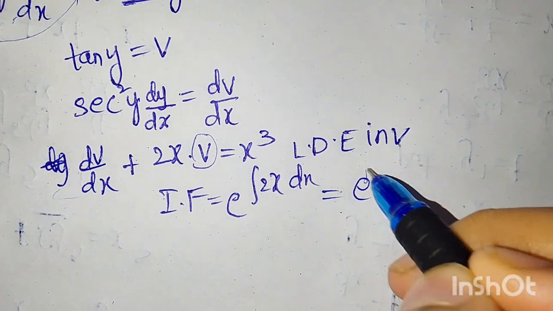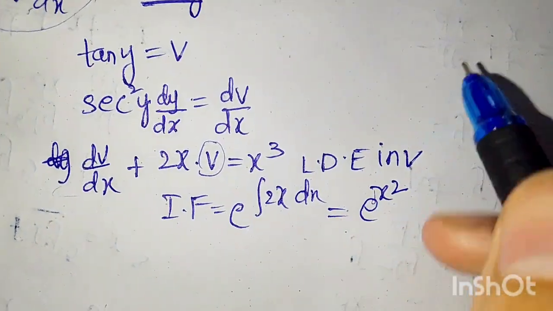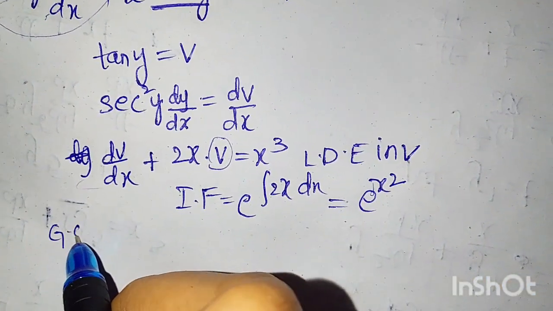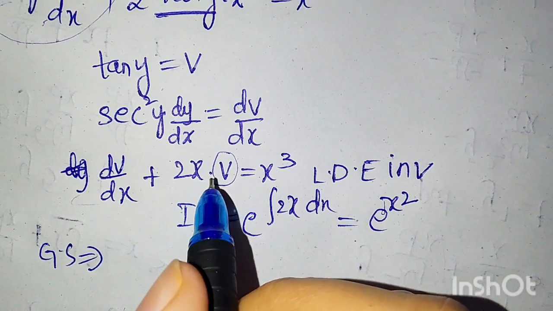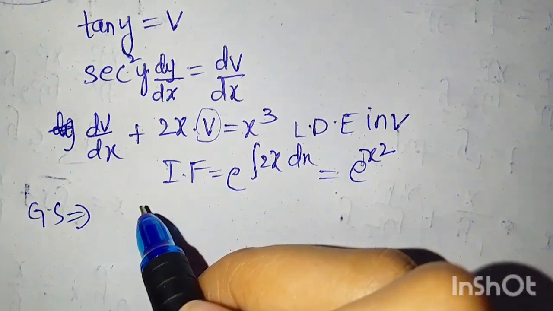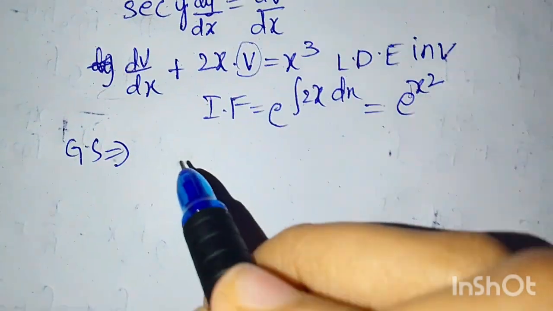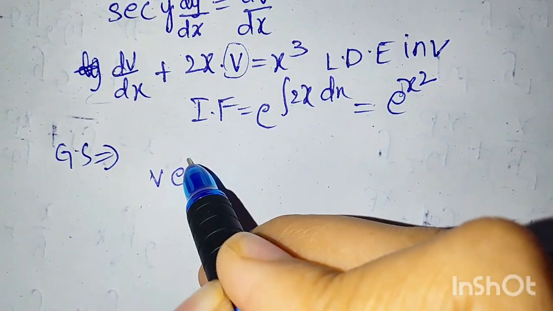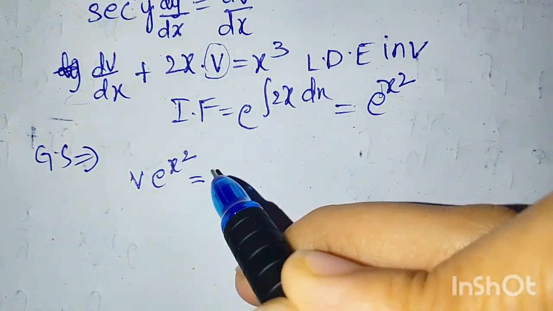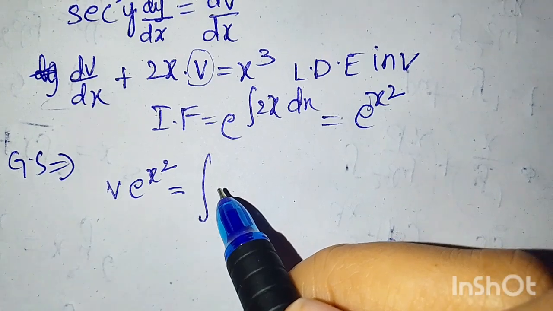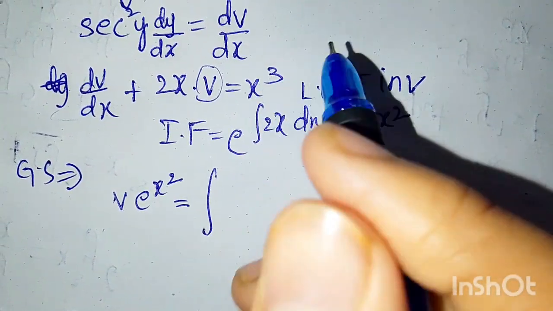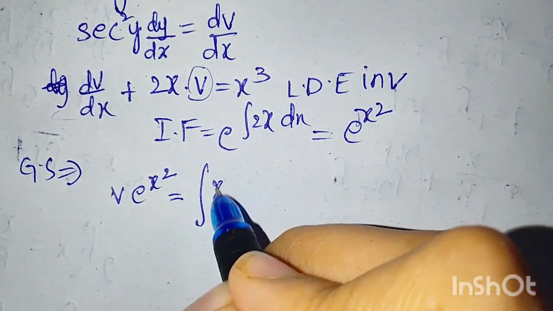So what is the general solution? v into integration factor is equal to integral of q into integration factor, where q is x cube, into integration factor.